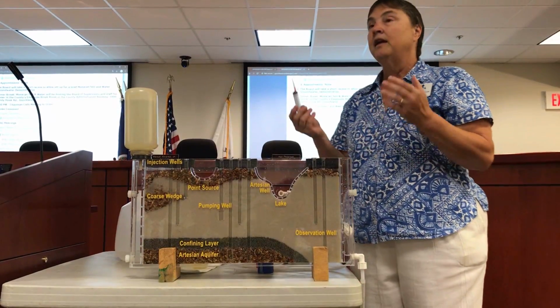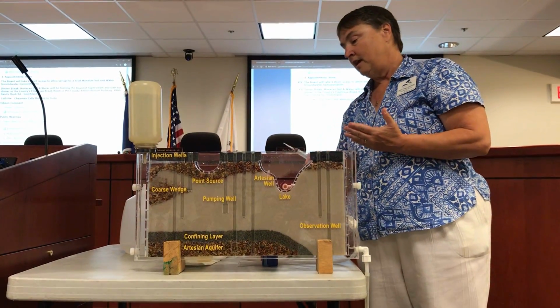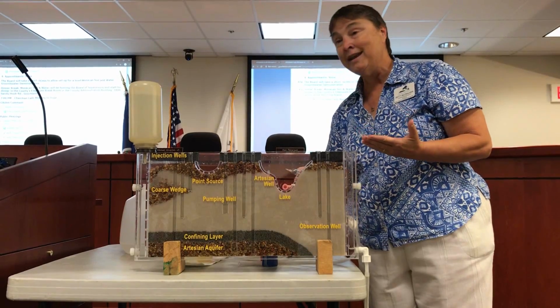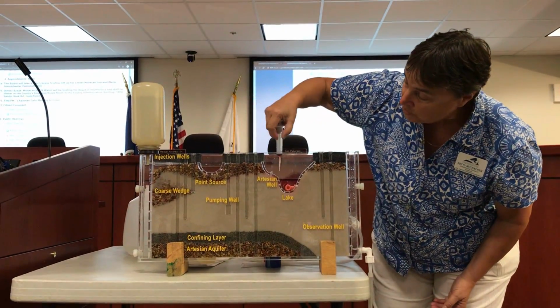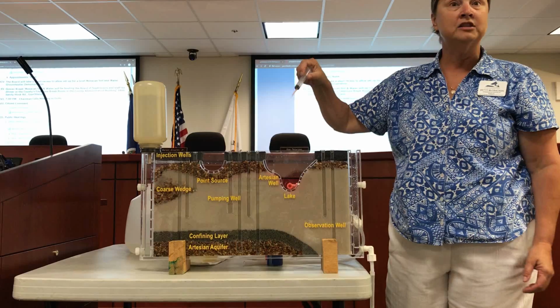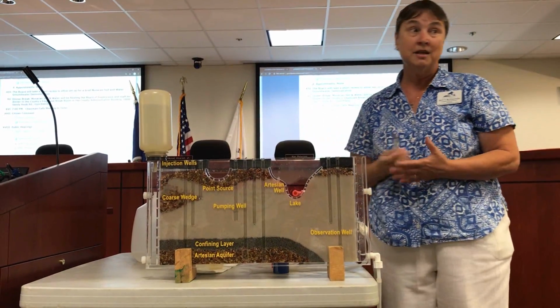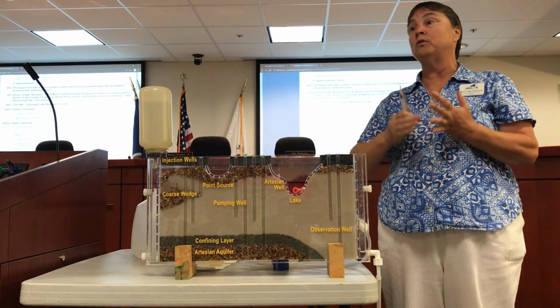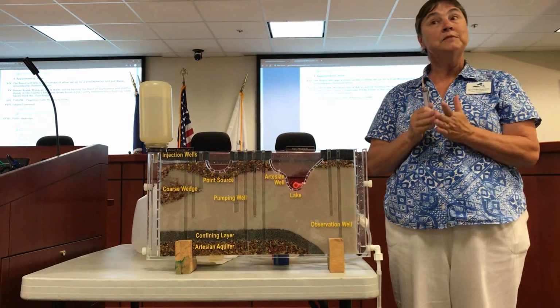Now, if your septic tank is full or leaky, look how quickly the pollution has moved through, and it's already gone into the lake. You may not even know that your septic tank is leaky or full. There are some very obvious symptoms.